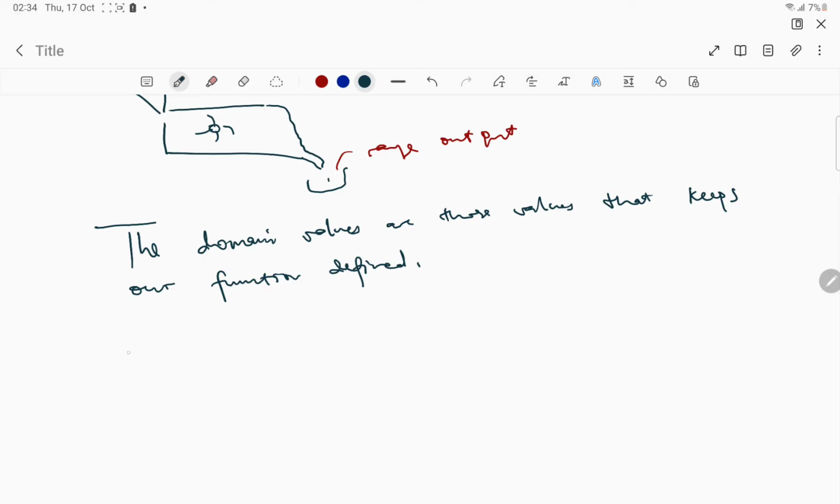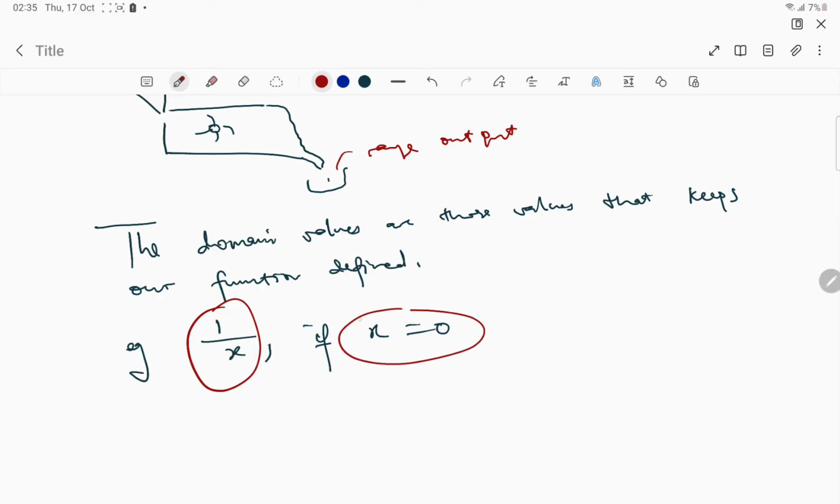For example, if we have 1 over x, if x is equal to 0, we have 1 over 0, which is equal to infinity. So that one is not defined at x equals 0. So the domain should exclude x equals 0.